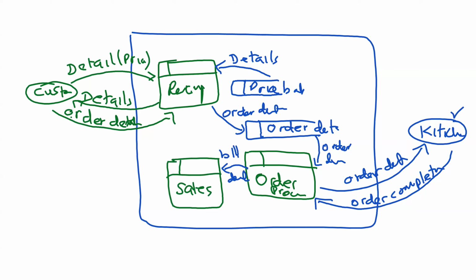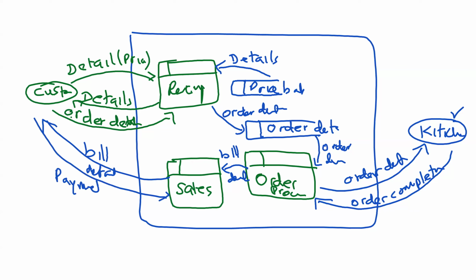Then they will send the customer the bill detail. Then the customer will make the payment. Not payment, we write payment detail. And the sales part will send the customer receipt. Okay, we got your payment.